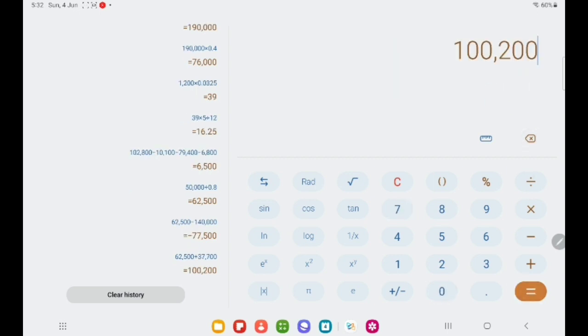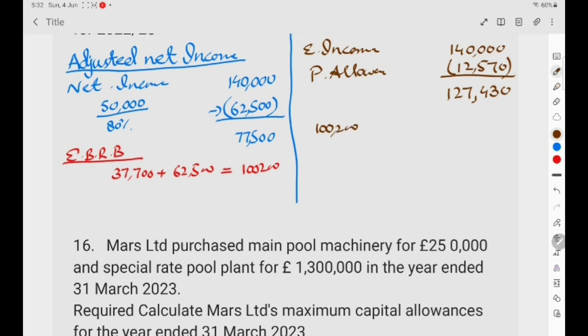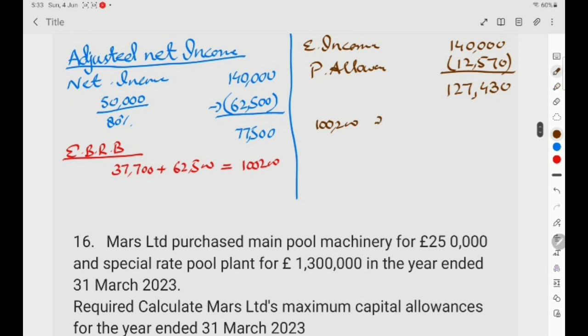This is 1,00,200. For the first 1,00,200 of income, the tax liability would be, is there any other benefit mentioned? No. The tax liability would be at the rate of 20%, right?